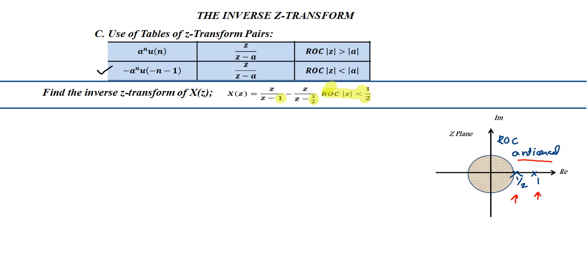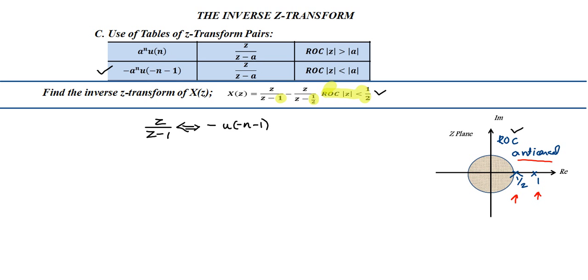First we'll take z by (z minus 1), and we need to write it in anti-causal form because this is the ROC, or by using this graph. So you can write minus, here in place of a it is 1, so you can write minus u of minus n minus 1.